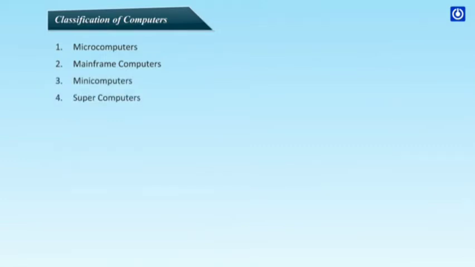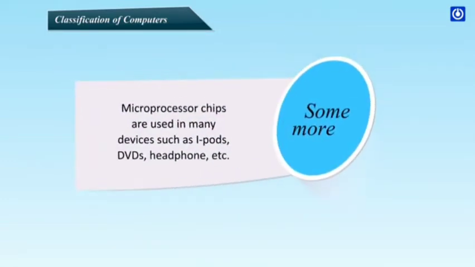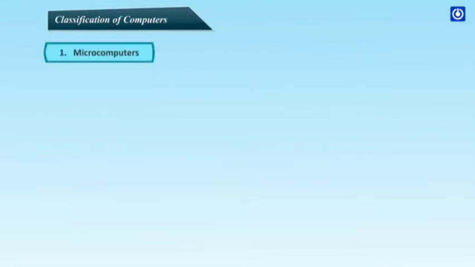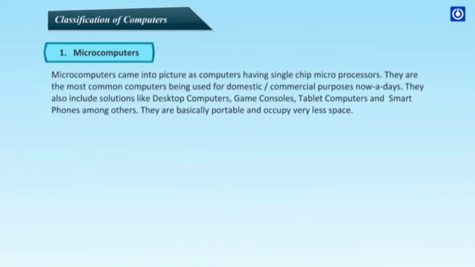Classification of computers: microcomputers, mainframe computers, mini-computers, supercomputers. Some more. Microprocessor chips are used in many devices such as iPods, DVDs, headphones, etc. First, microcomputers.